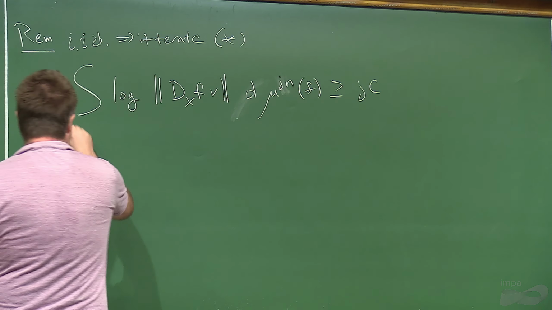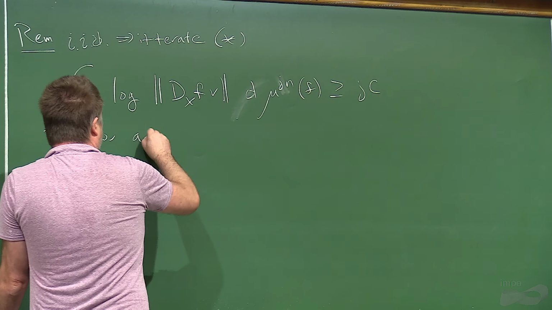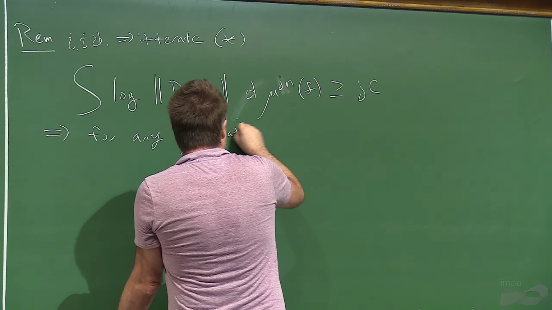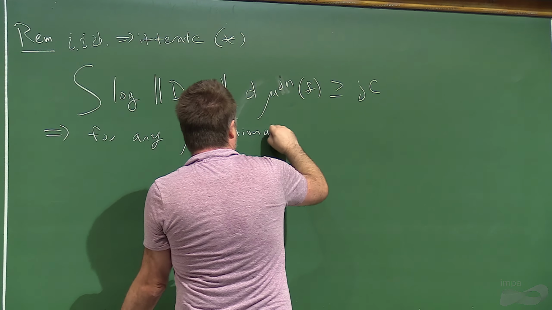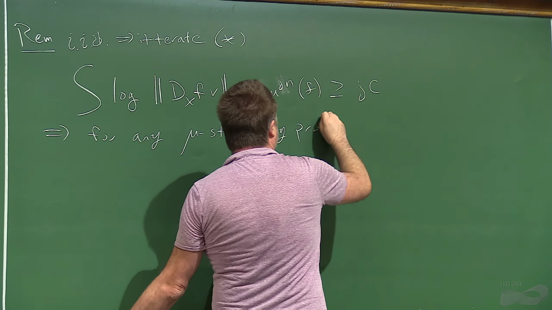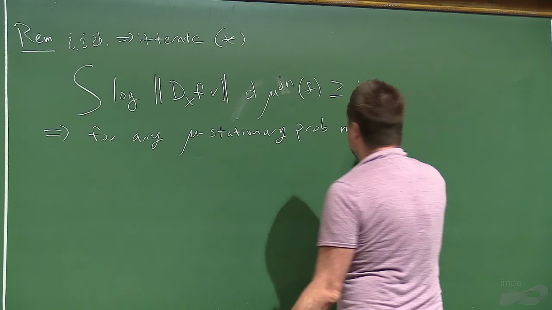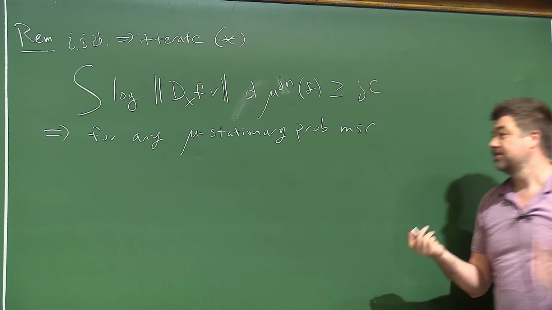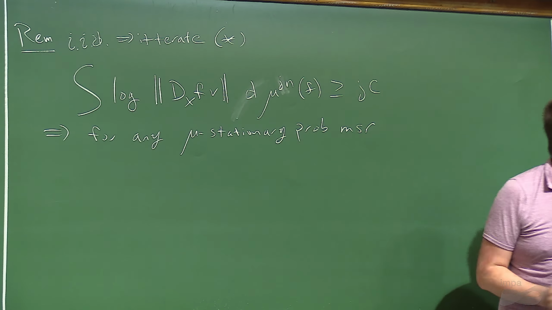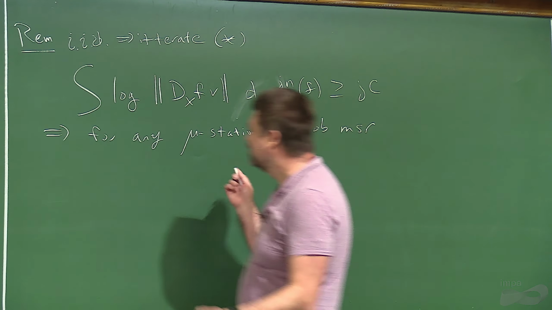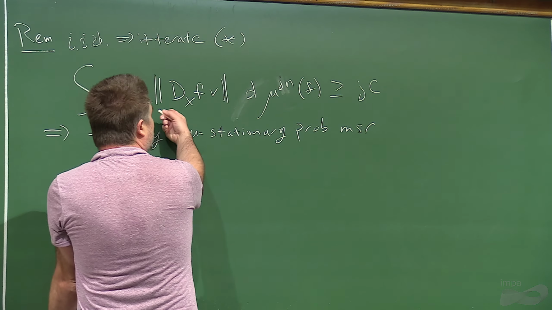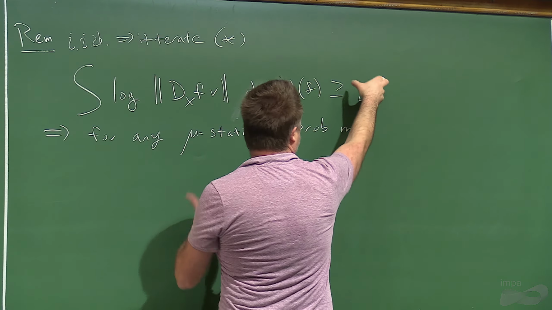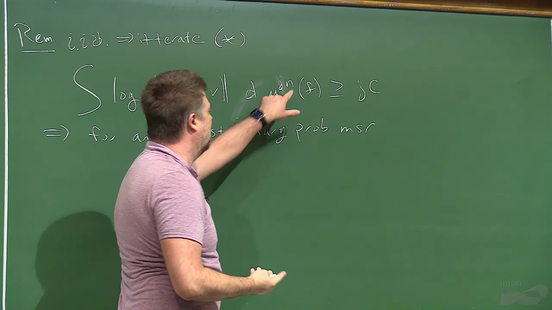And so this implies that for any mu stationary probability measure, it has some sort of lower bound on the top Lyapunov exponent. And I haven't even told you what Lyapunov exponents are for the stationary measures yet, but this says that every vector is going to grow linearly like j times c, at least if I take n steps of it.